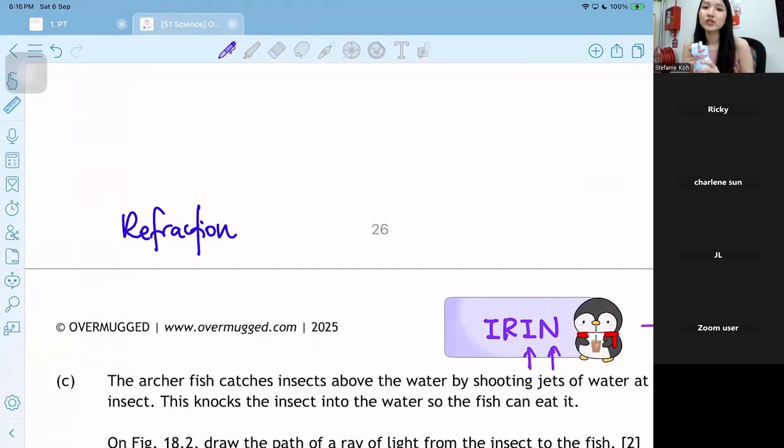Those who have done it already, just double check if you have all the rays in. One this, one red, and where's the image? Where's the eye? Ray diagrams must have an eye.